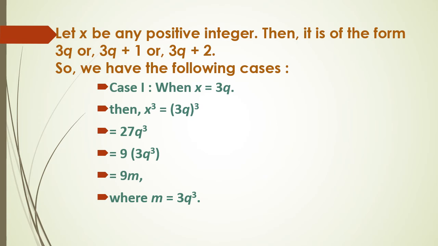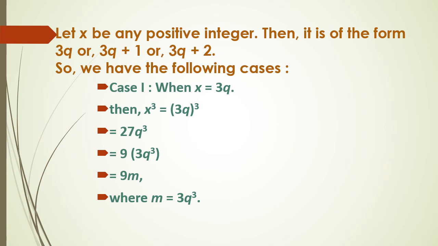It should be less than 3. Start from 0. So 3q plus 0 is 3q, 3q plus 1, and then 3q plus 2. Not 3q plus 3, because r should be less than b. So we have the following cases. Let's take the first case where x is equal to 3q.